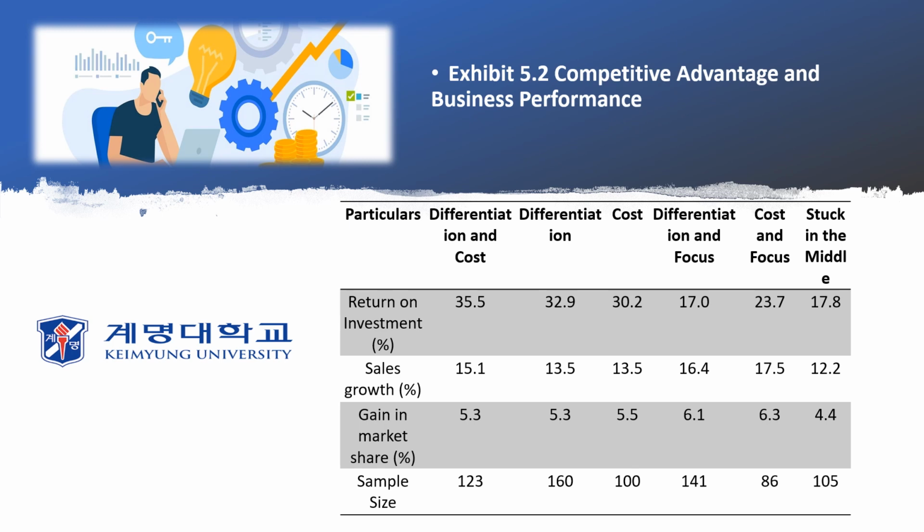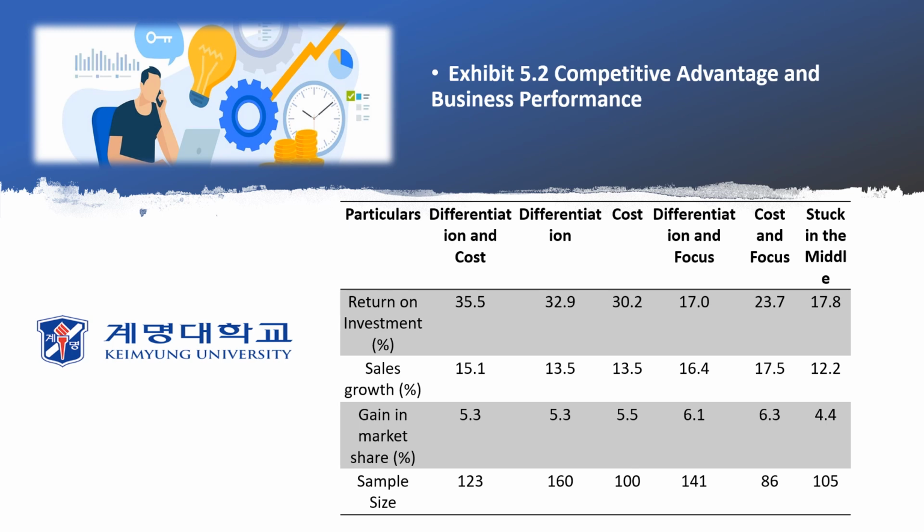Before moving on to the discussion of each of the generic strategies, it is useful to point out that a variety of research has supported the notion that firms that identify with one or more forms of competitive advantage typically outperform those that do not.